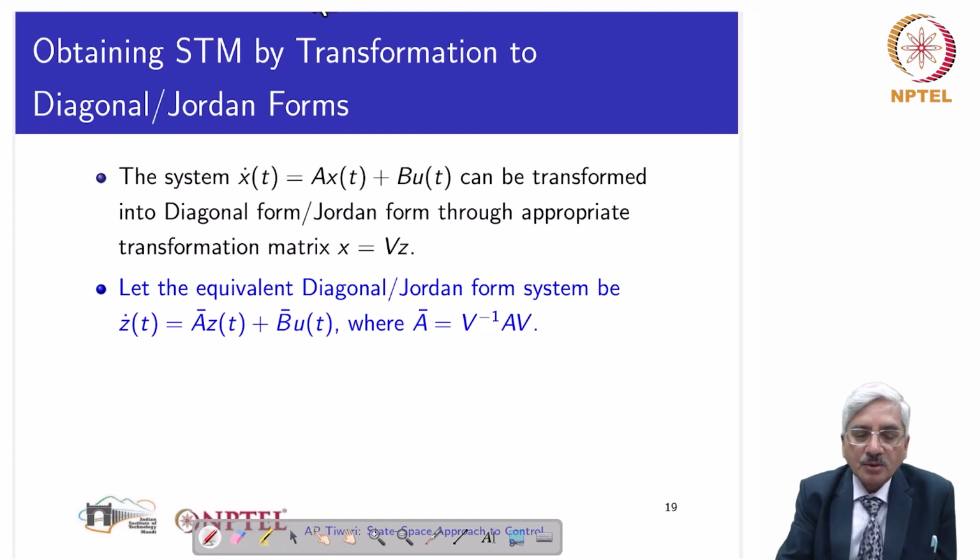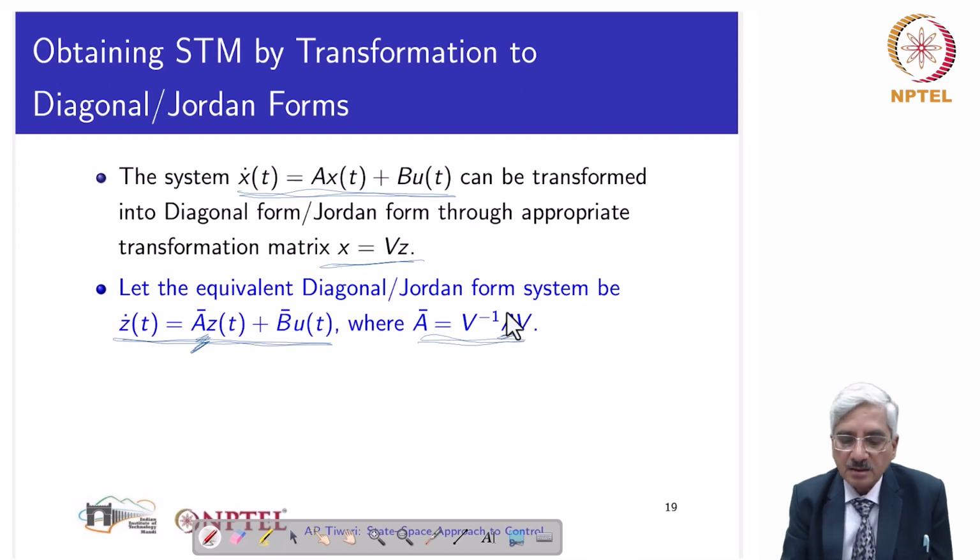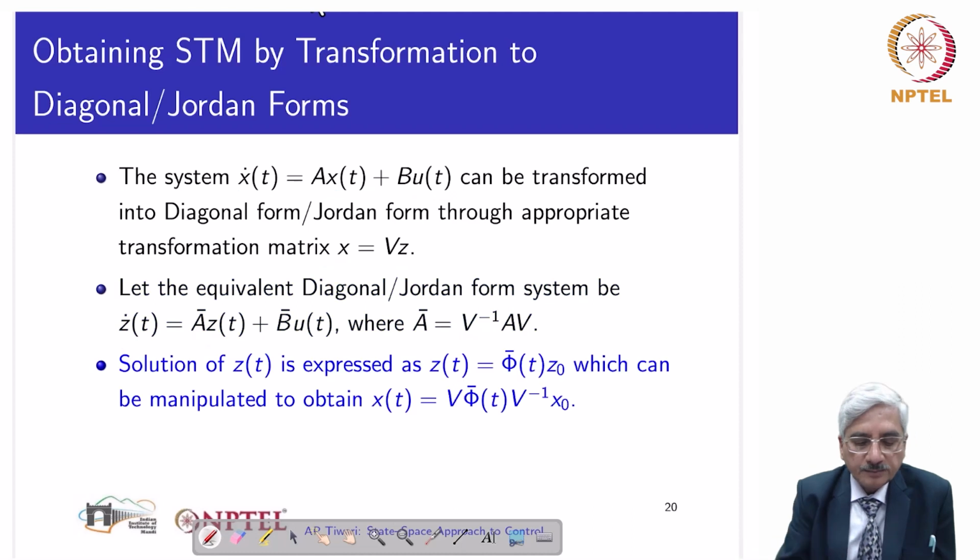So in this method, x dot equal to Ax plus Bu has been converted into either the diagonal or the Jordan form through this transformation. And of course, in the transformed system, A bar, the system matrix, is related to matrix A like this: A bar is V inverse AV. So the solution of z t is phi bar into z 0.